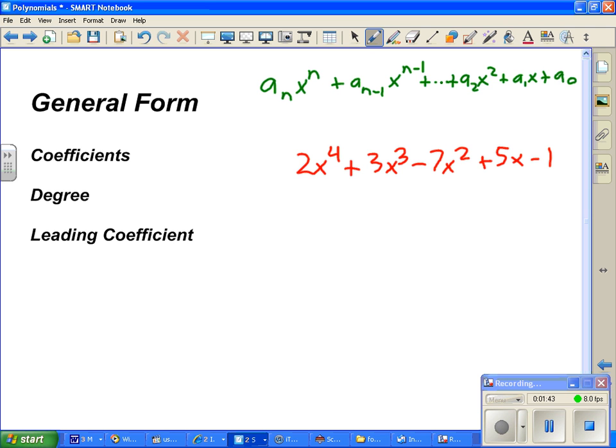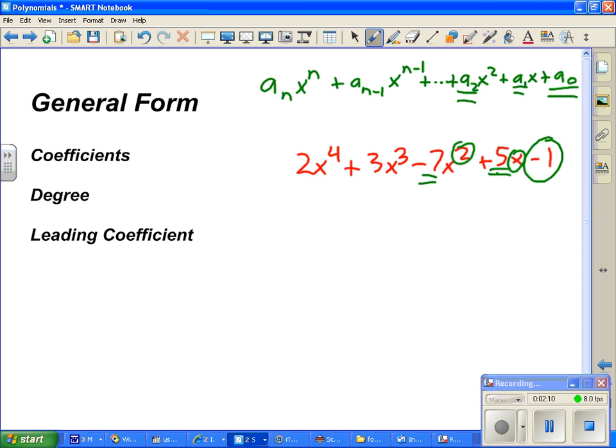Here's our polynomial. Well, the constant here is just a naught. Since I used a naught already, this coefficient is a1, and obviously it has x to the first power. Okay? Well, that means the negative 7 is a2 because it's x to the second power.